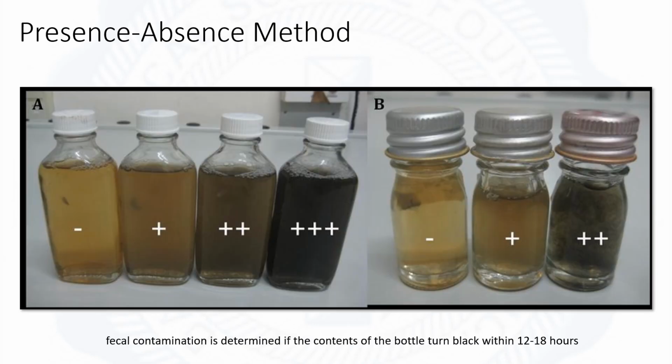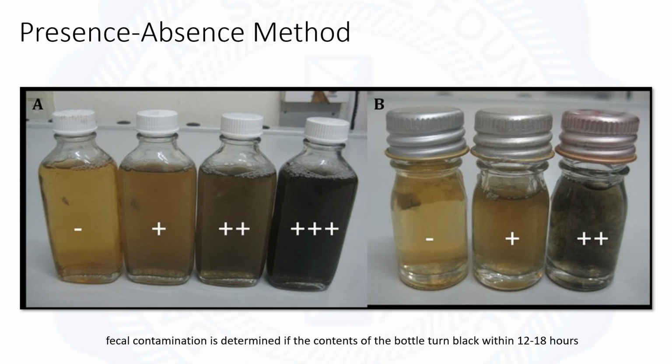A positive presence-absence method is manifested, class, by a change of the color of the water from clear to brown to black. So it will indicate fecal contamination and also indicate the presence of your indicator organism. So what is the principle behind this, class? Coliforms have enzymes that are able to produce H2S by reducing sulfur.